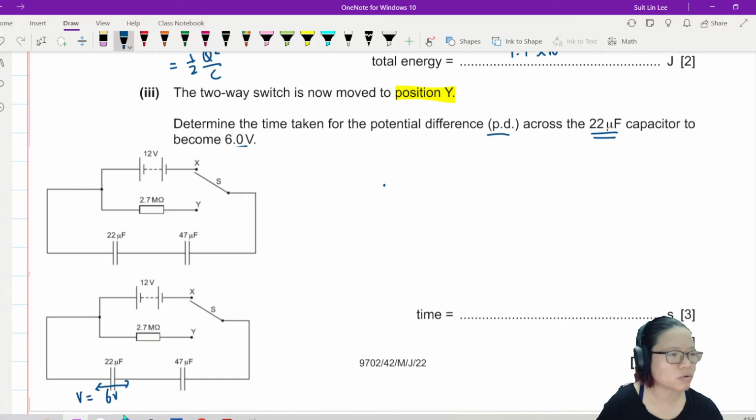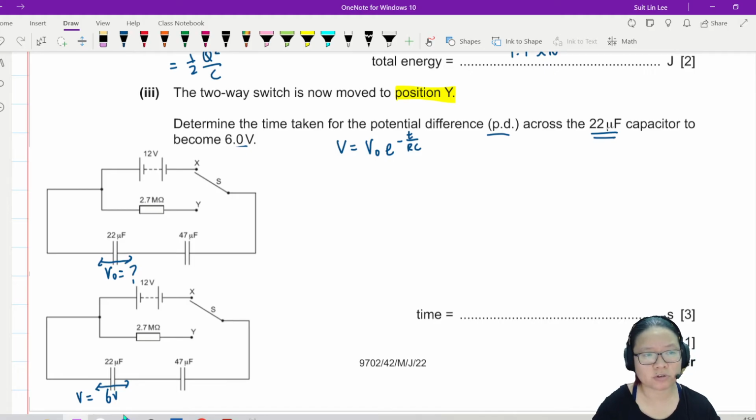But what is V naught? Because your equation was V is equal to V naught e to the negative t over RC. Okay, so let's list down what we have. We want V is equal to 6 volt, and looking for t.